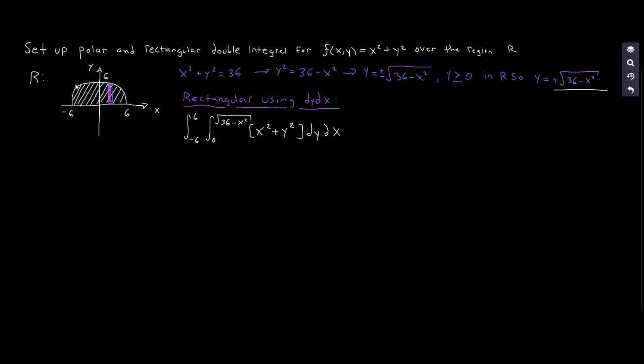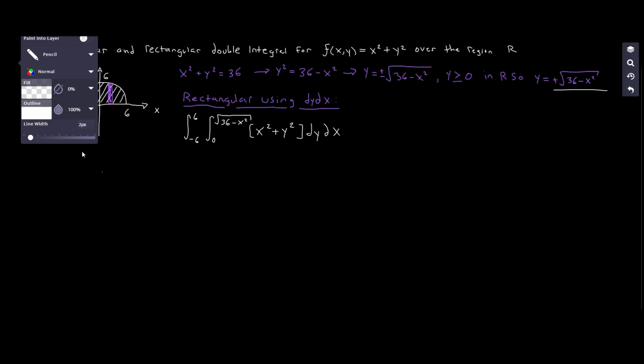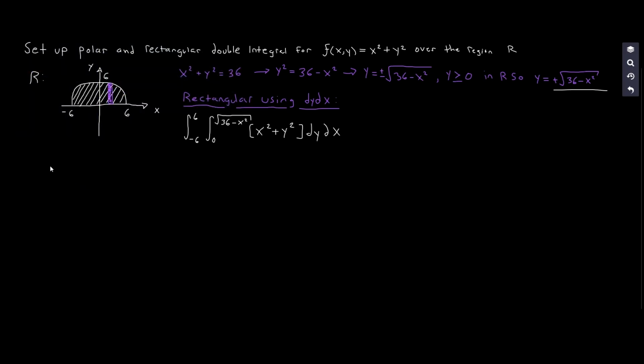But for the polar setup, it's a bit different. The differential is r dr d theta. And we know our transformation here, that r equals the square root of x squared plus y squared.